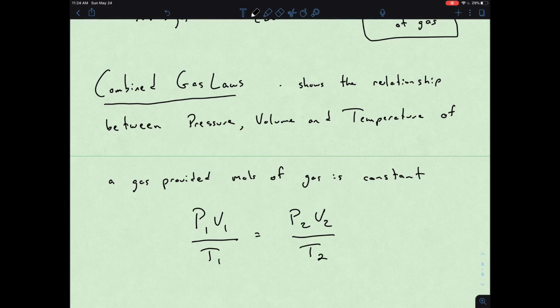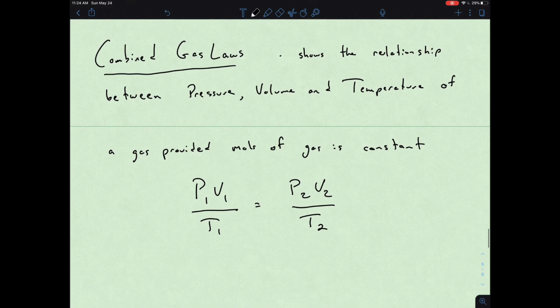And then combined with Amontons's law, now we have P1 over T1 equals P2 over T2, right? So all of those come together within this actual idea of a combined gas law. Check out this demo of an interesting, fun experiment to do at home, showing the idea of the combined gas laws. Take a look.